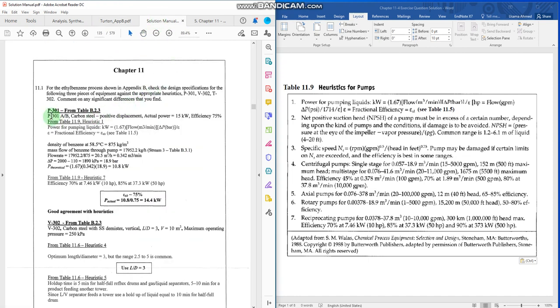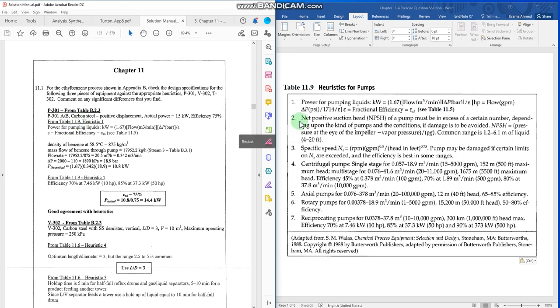So we will put this information here in this form. Now we have to apply the heuristics and find out what is the actual power required by this pump by using simple heuristics. Okay, so we can go to the table 11.9 which is given to you in the slides of the chapter 11.